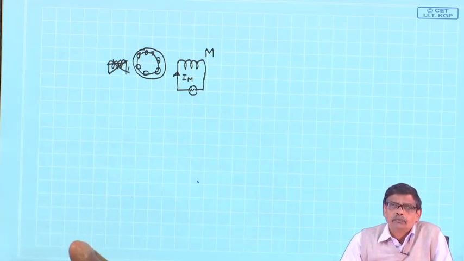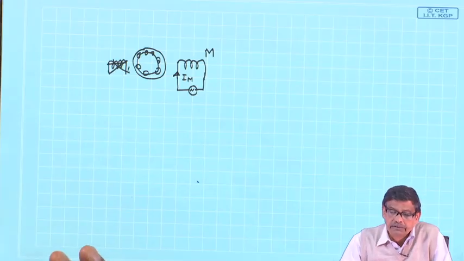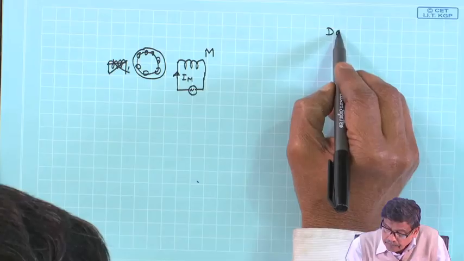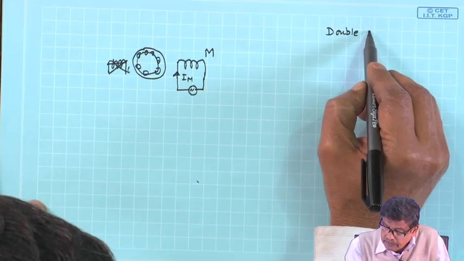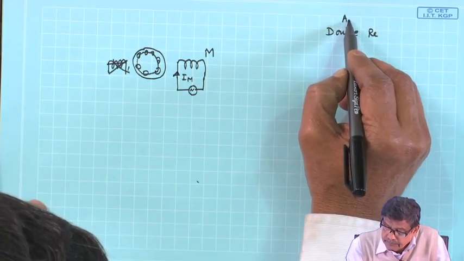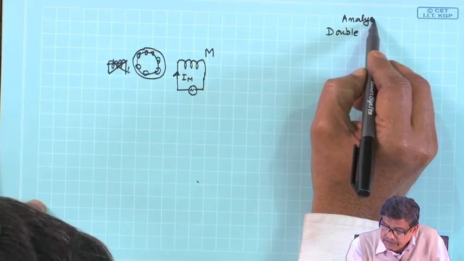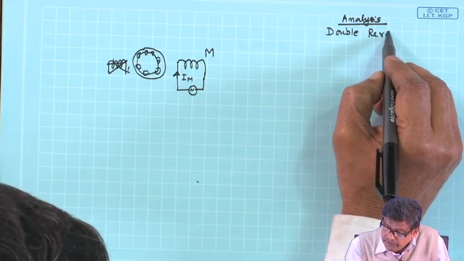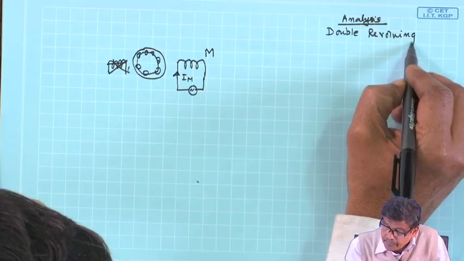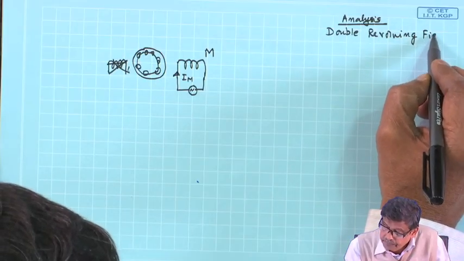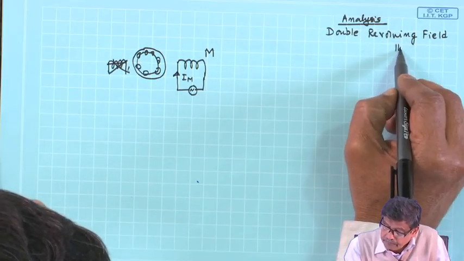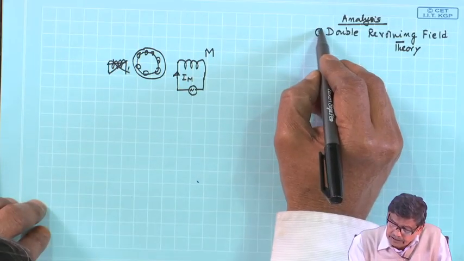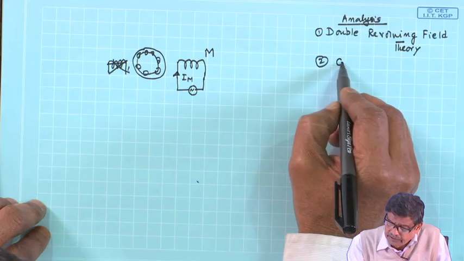There are generally two ways to analyze the machine. One is called double revolving field theory, and another is called cross field theory.